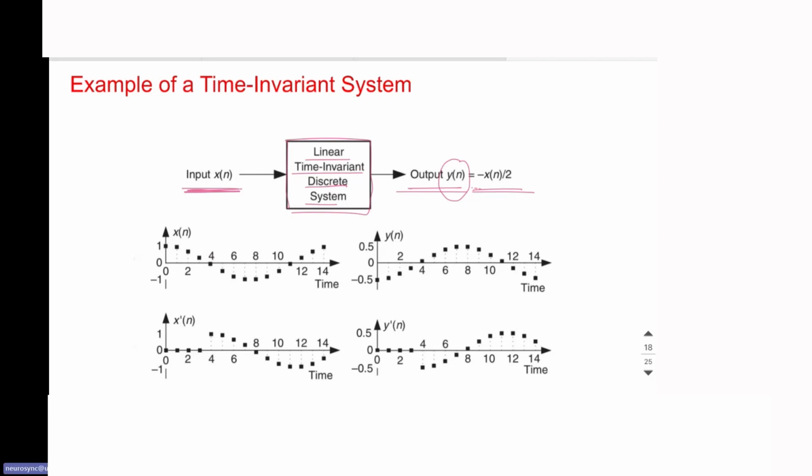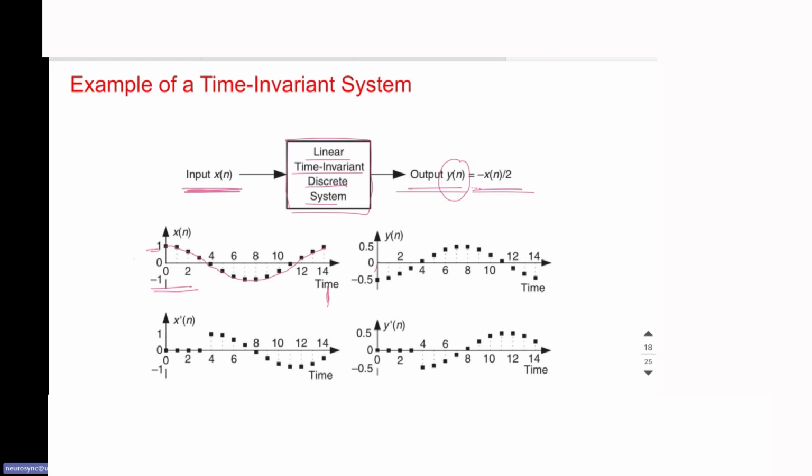Now suppose I'm having this x of n signal, which is represented like this. This is a discrete signal, but you can say this is just a sine waveform, which is having 1 as the amplitude, and one total cycle time period is 14 samples. As output, what I am getting here is the minus of half of the input.